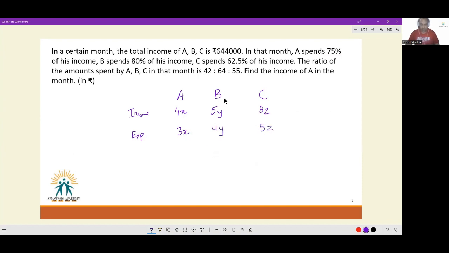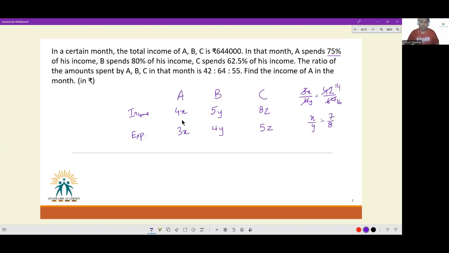Now we are given the ratio of amount spent by A, B, C in the month. So only looking at A, B right now, 3x by 4y is equal to 42 by 64. Cancel 16, cancel 14, or x by y is equal to 7 by 8.